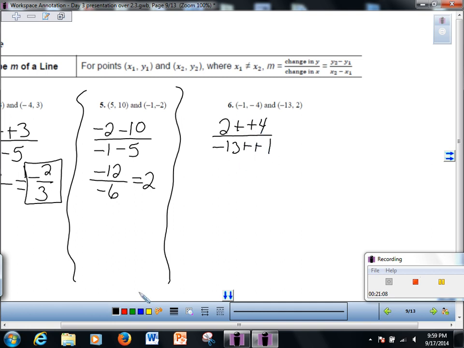So look what I really have. 2 plus 4 is 6 over negative 13 plus 1 is negative 12. 6 divided by negative 12 becomes negative 1/2. When you're asked to find slope, never ever use a decimal, because we can graph negative 1/2 really, really easy.